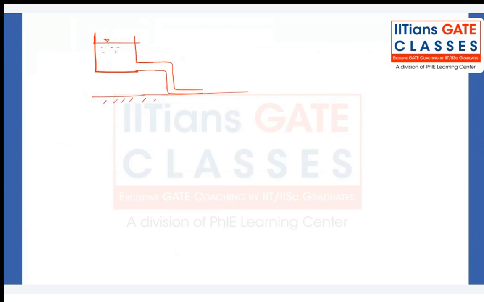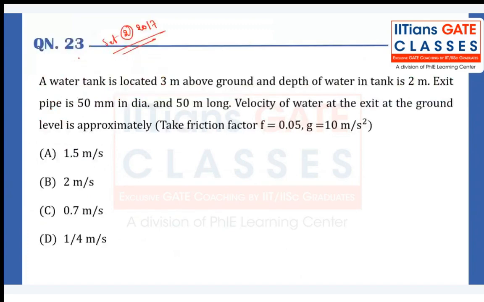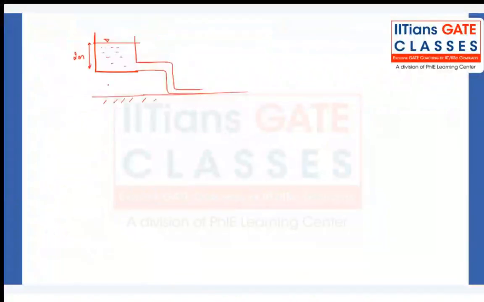Now the tank liquid is how much? 2 meter. And what is the height of that tank from the ground? The water tank is located 3 meter above the ground. That means from here to here it's 3 meter. They are asking what is the discharge at this particular point.